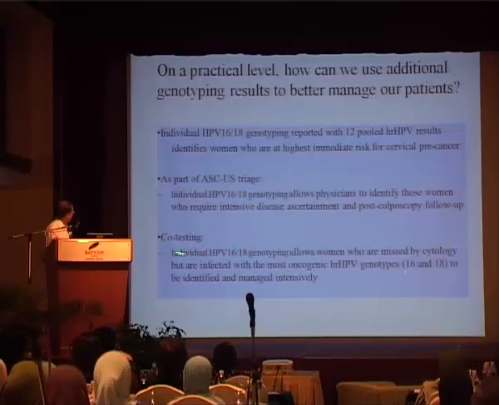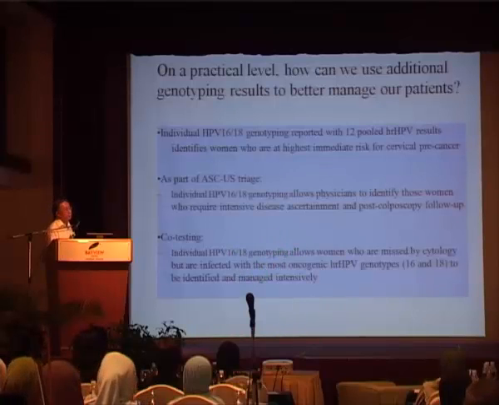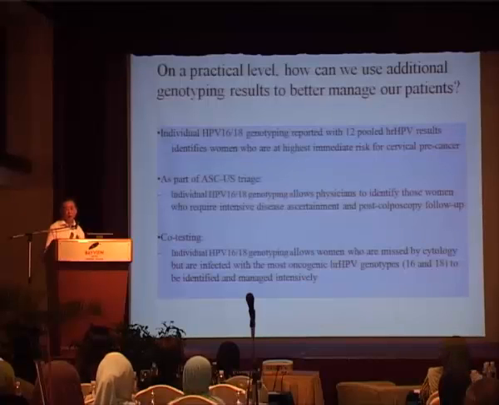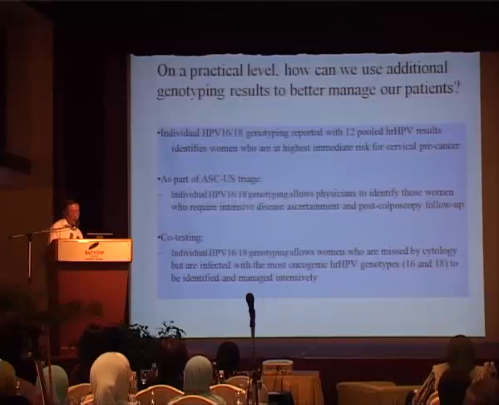Even if you use this in a co-testing system, if they are cytology negative but 16 and 18 positive, they have a 9.8%, 1 in 10 chance of having CIN3 or more severe lesions. So instead of just using pooled data, you might want to use individual genotyping in managing this group of women. With that, I would like to conclude.